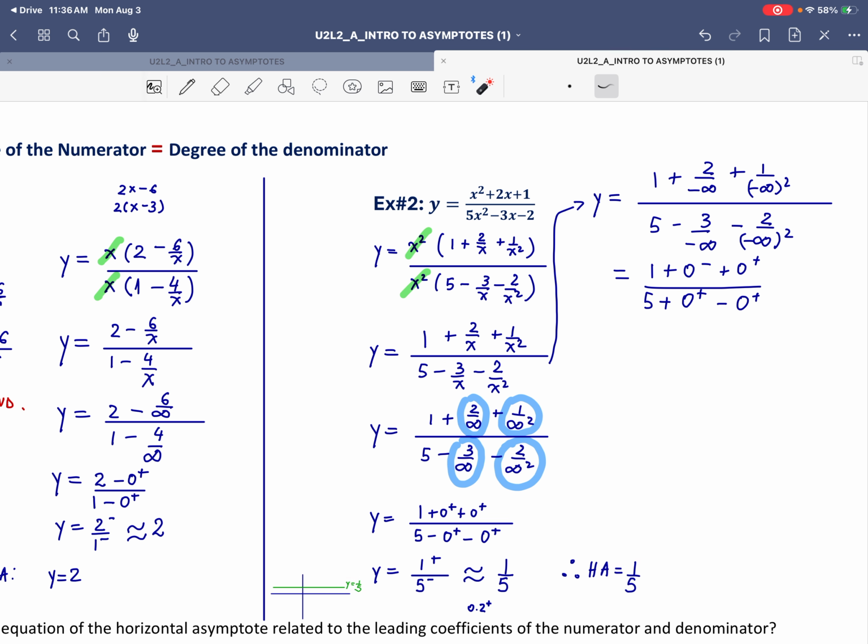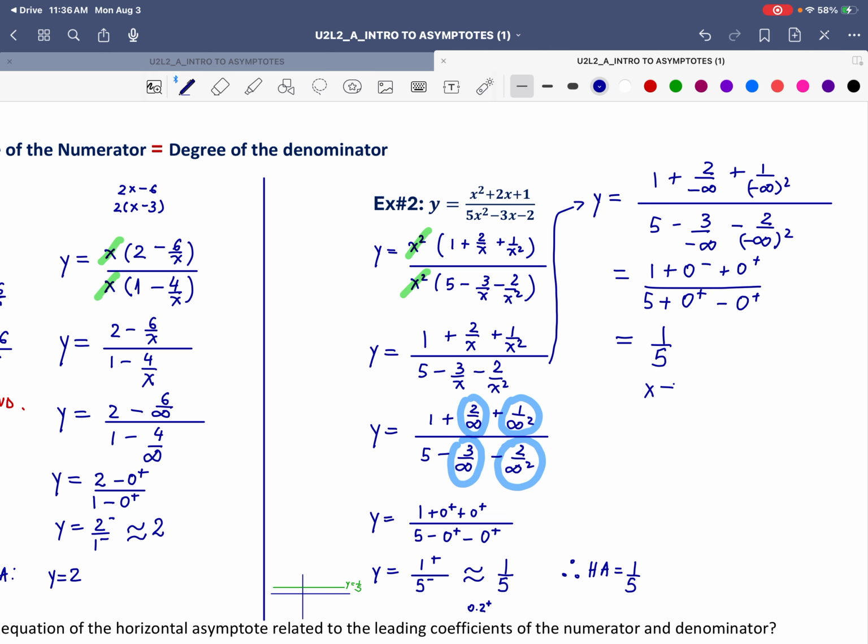So in cases like this, what you want to do when you graph the function is give x a very large negative number to see if you get a number bigger than 1 over 5 or less than 1 over 5. So slightly, obviously. But as you can see, an estimated value of it is still 1 over 5.